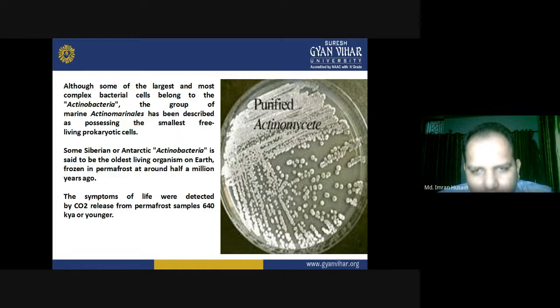Although scientists do reach there and sometimes collect samples, what they have found is that in such an inhospitable climate and such tough conditions, no organisms can survive. But actinobacteria was found readily present there, and they found it to be the oldest living organism on Earth.